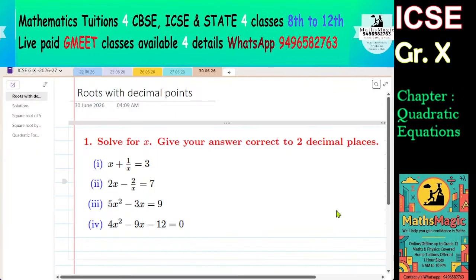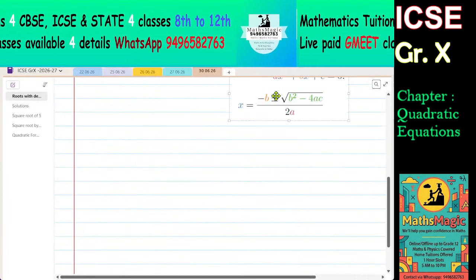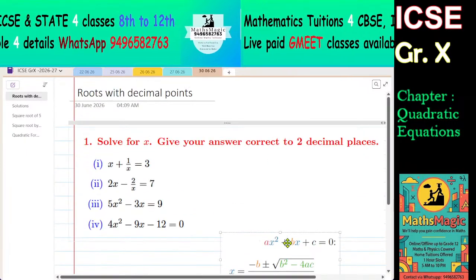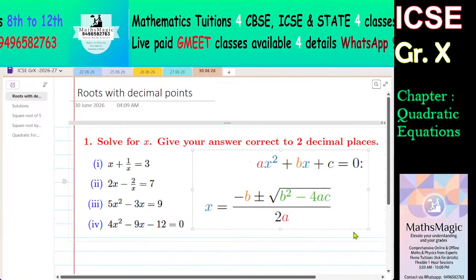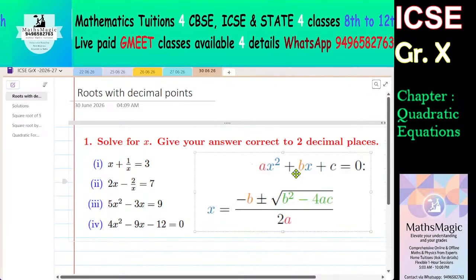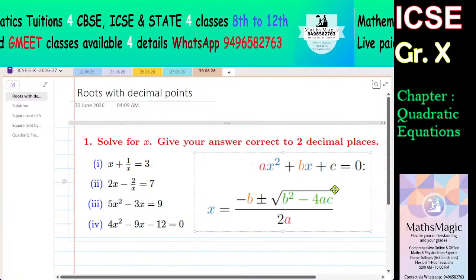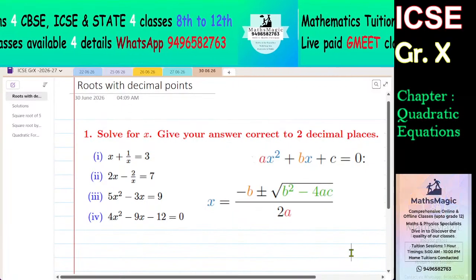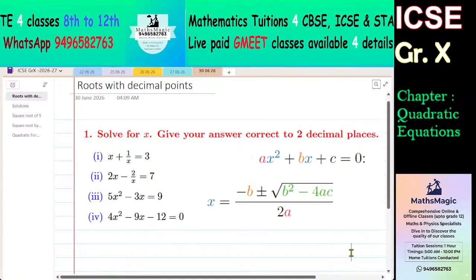I'll just paste the formula here, the standard quadratic equation. You need to make this in standard form. Then you need to find a, then b, then c. It's better to find b squared minus 4ac first, then the square root.